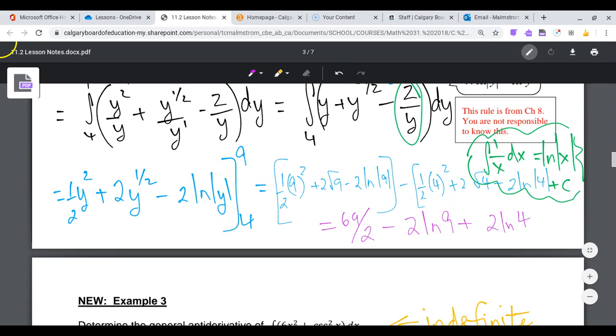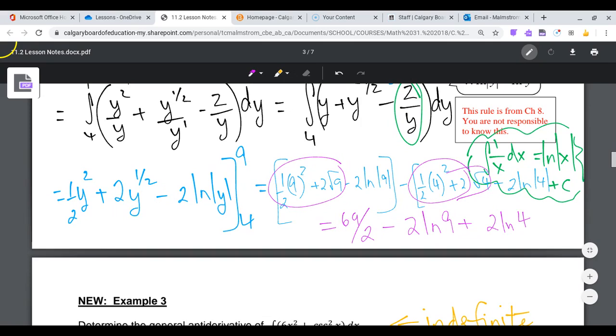So really what I've done is taken these numbers, the 1/2 times 9 squared plus 2 root 9, and subtracted it from this piece to get the 69 on 2. And then you cannot combine your ln 9 with your ln 4 because those are different logarithms with different values. All right, so you just leave it like that.